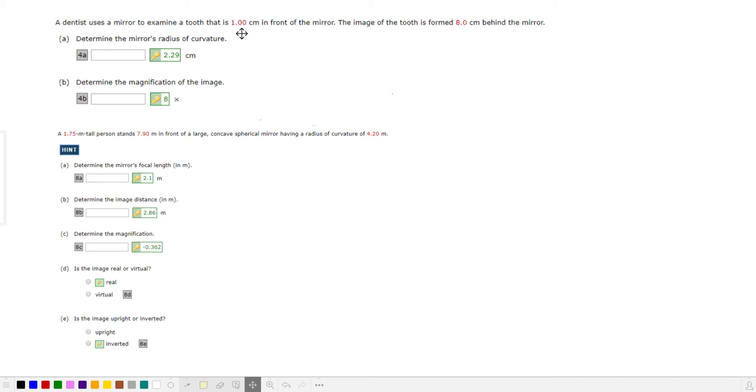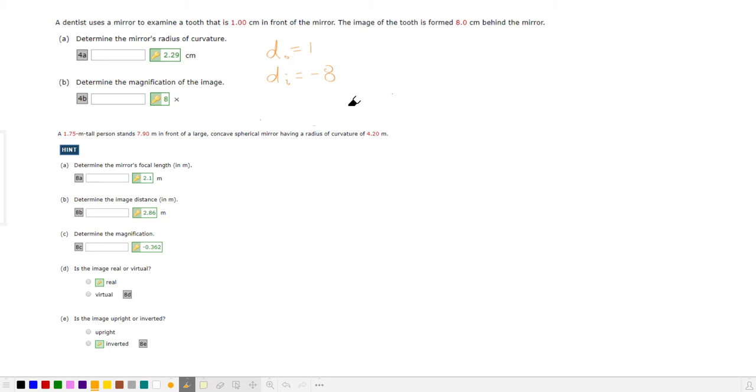So we know that the object distance, oh sorry, I said image distance, a tooth is 1 centimeter. And the image is 8 centimeters behind the mirror. Well, if the image is behind the mirror, then no light is getting behind the mirror, so I've got to remember to use a negative sign for that.